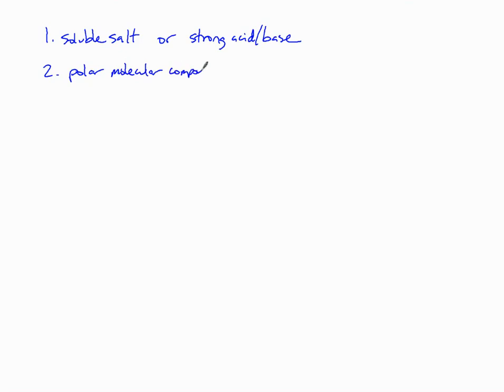So a substance can dissolve well if, 1, it's a soluble salt or a strong acid or base, or 2, if it is a polar molecular compound. These things will dissolve well in water.